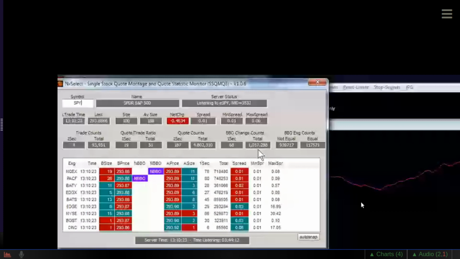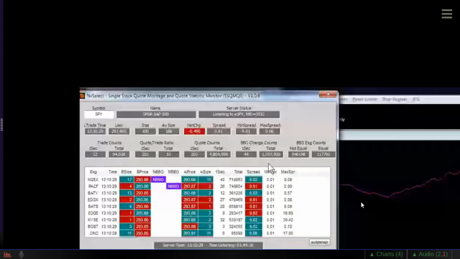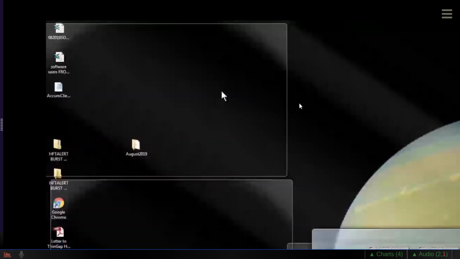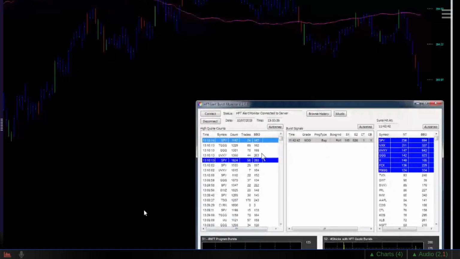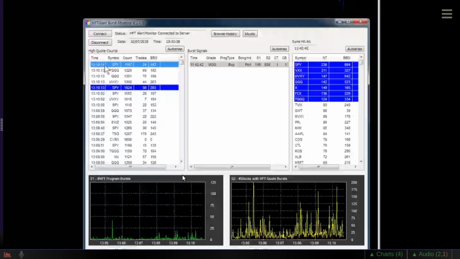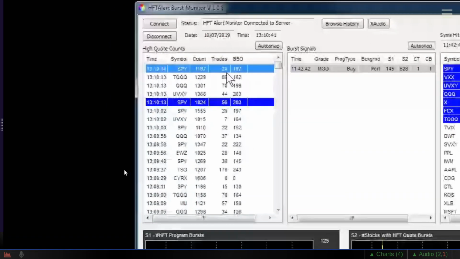Now, there's just no way you can see those. And if we look at our burst monitor, let me find that. Here's the last trade in SPY, okay, at 110.14. There were 24 trades, but 1,197 quote changes.